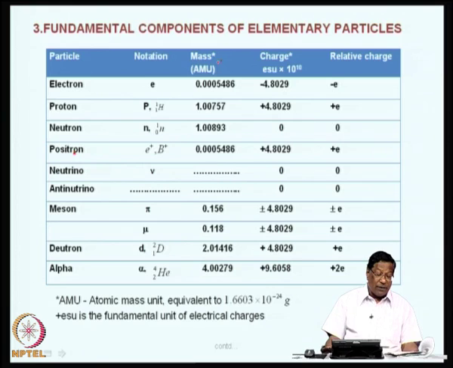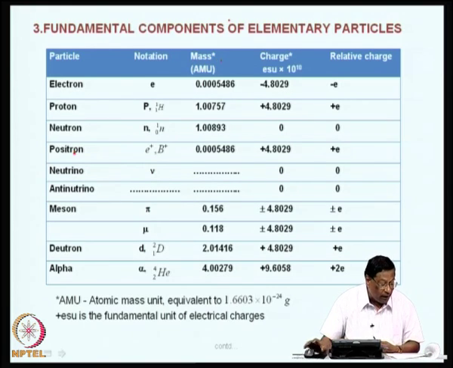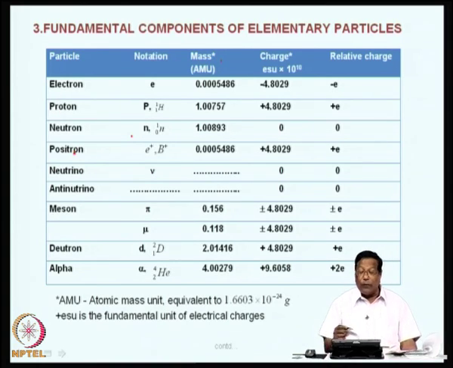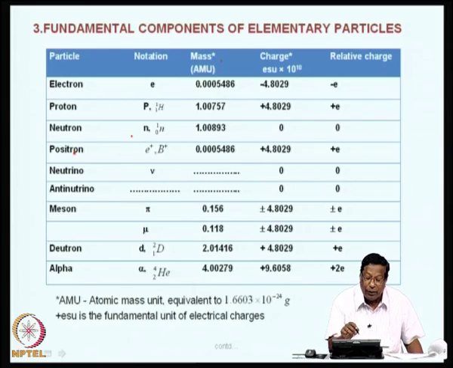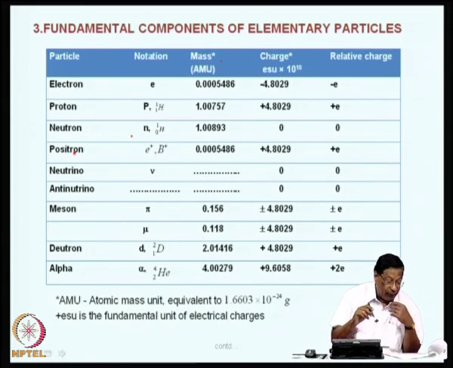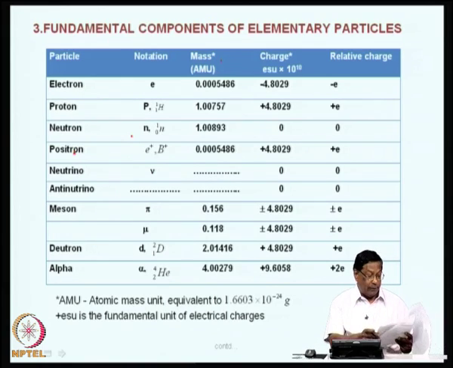While it is difficult to generate neutrons from heavier elements, a variety of nuclear reactions are known to occur in nuclear reactors, which unequivocally prove the existence of neutrons. The atomic mass of a neutron is approximately the same, 1.00893, and the charge is 0, of course.